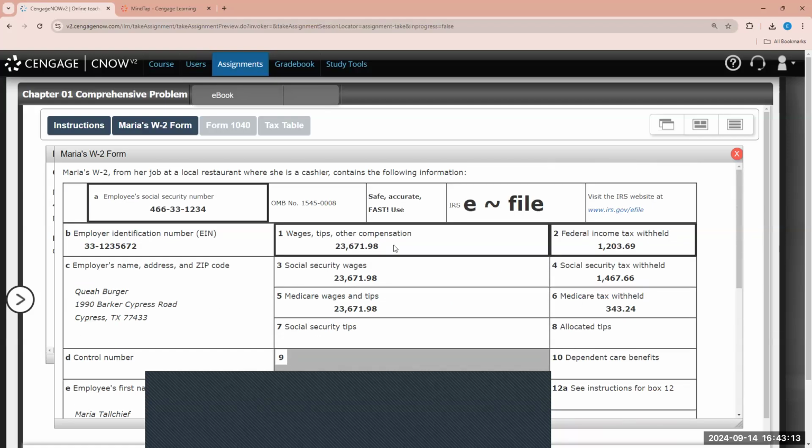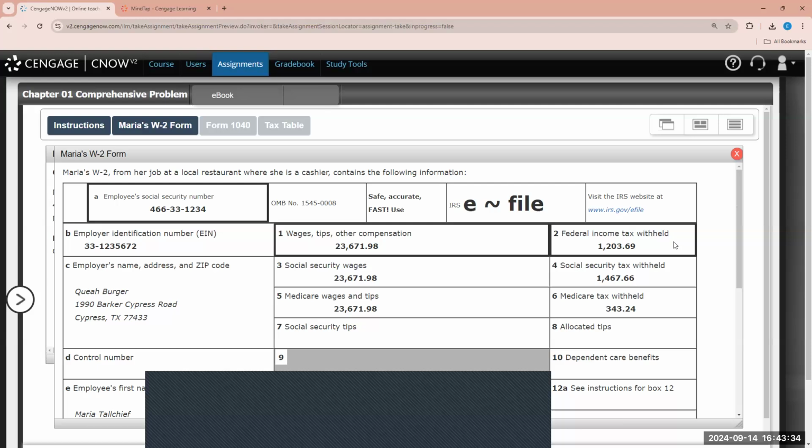Box 1 is always going to be taxable wages. So just keep that in mind. So when we look at Form 1040, if an individual has more than one W-2, then obviously on Form 1040, it is going to be the total of all of the W-2s. Box 2 contains the federal income taxes that were withheld.